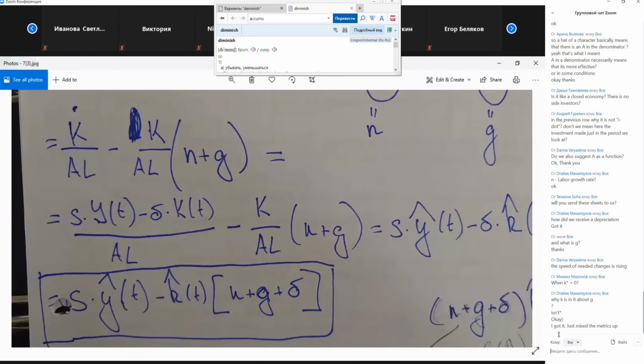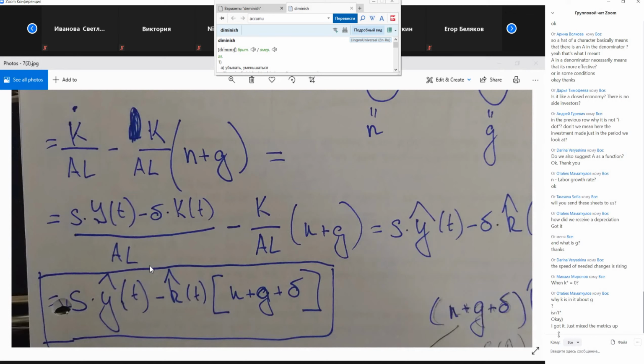All right. Now if we look at the task, we see that we have a decrease in the technology growth rate.